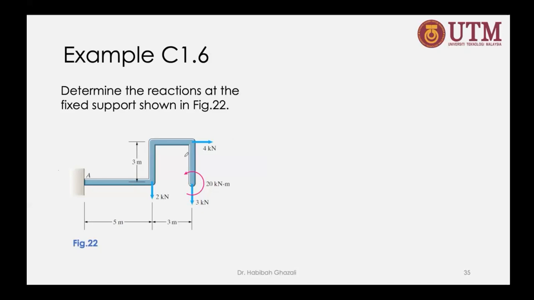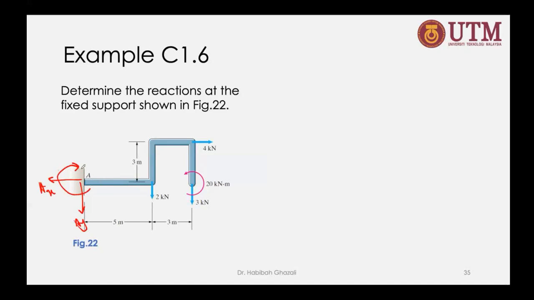So when we have load being applied to this member, what's going to happen? This support is going to stop it from moving in the X direction, it's going to stop it from moving in the Y direction, AY, AX, and it's going to stop it from rotating as well. So draw that free body diagram.